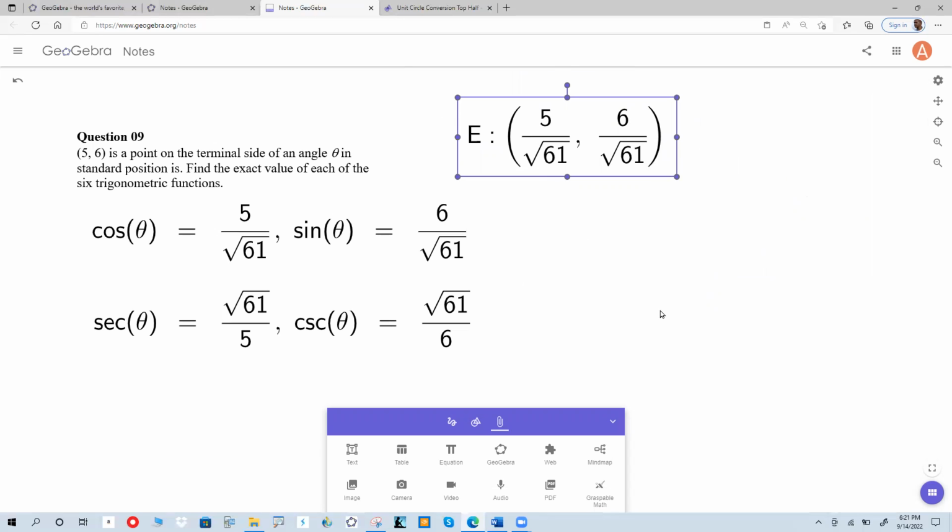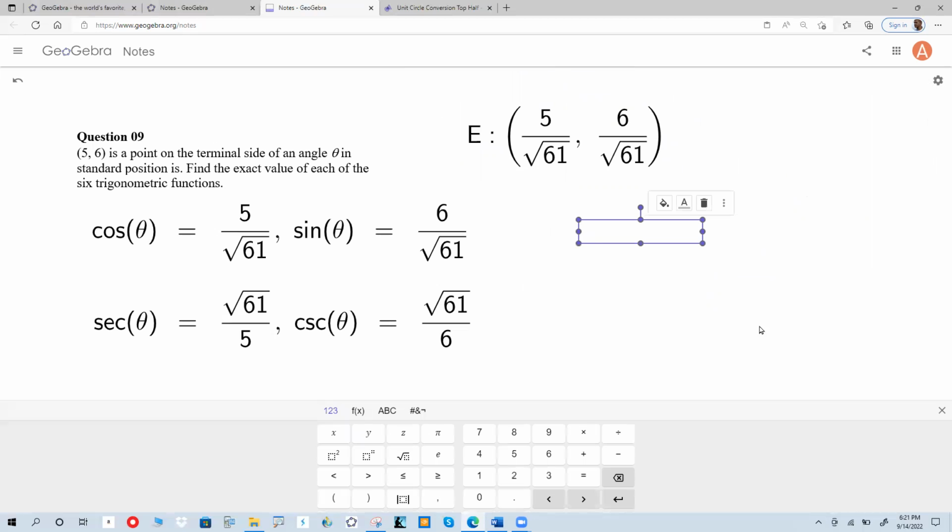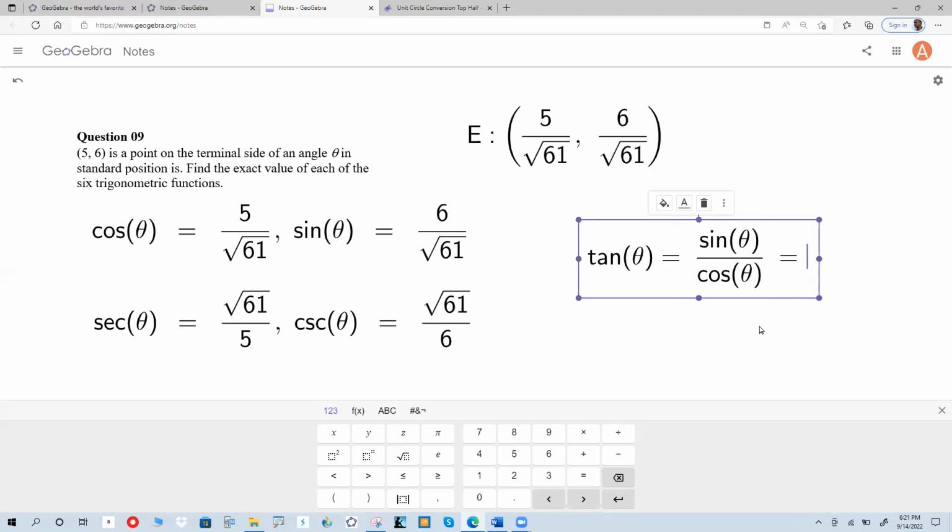Tangent is sine over cosine, right? I will do the calculation here, but I am sure some of you can do it in your head. So tangent theta is sine theta over cosine theta. Sine theta is the y coordinate, 6 over the square root of 61.